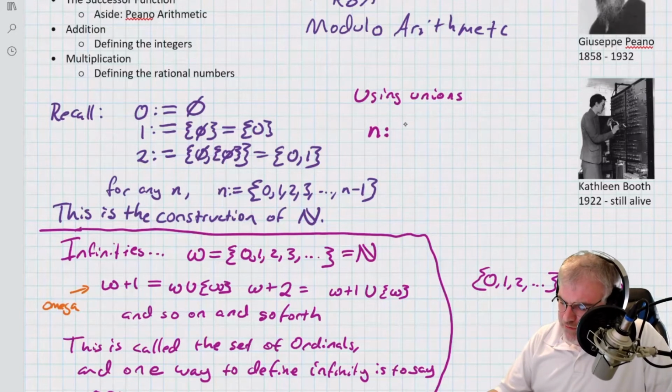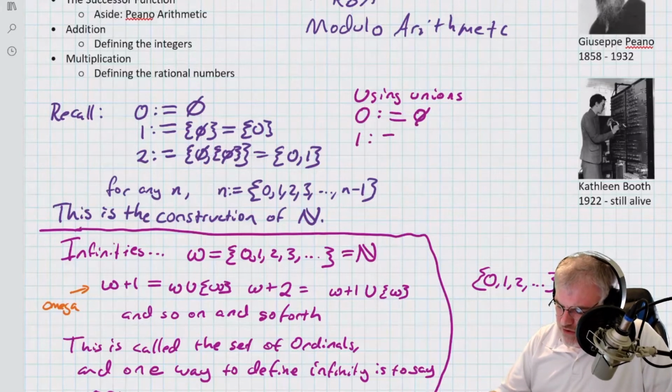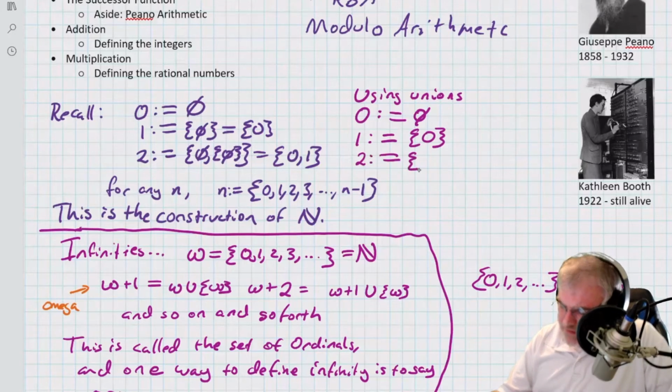So using unions, I could define 0 as equal to the empty set. 1 is equal to the set containing 0. And then 2, I'm going to define as 1 union the set containing 1.